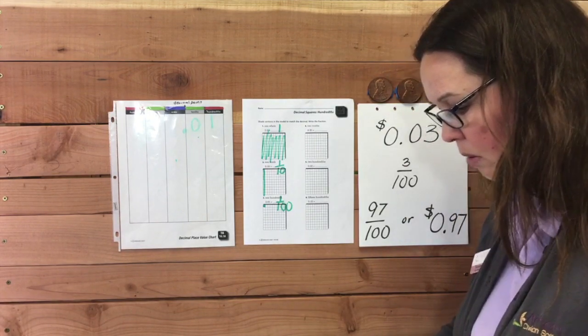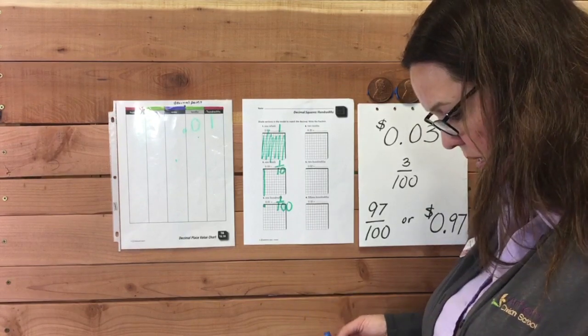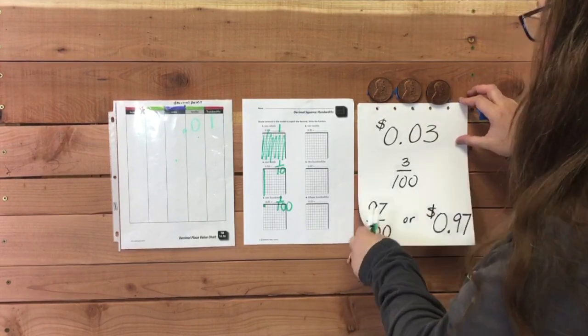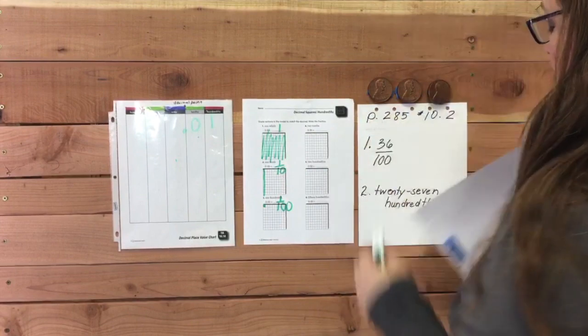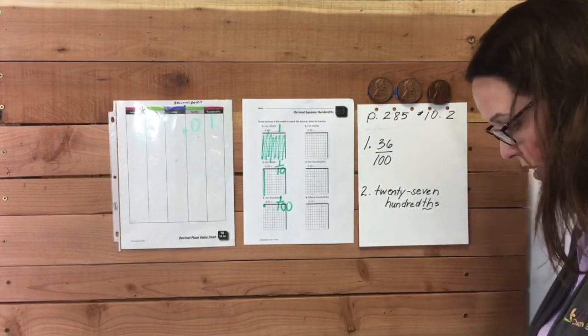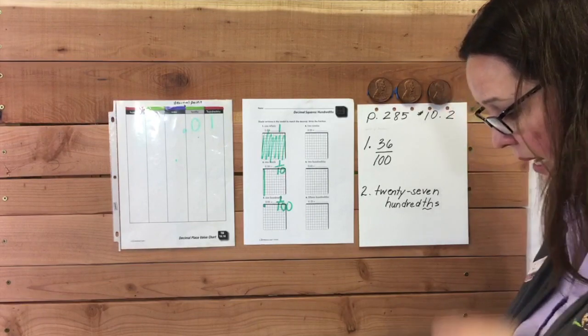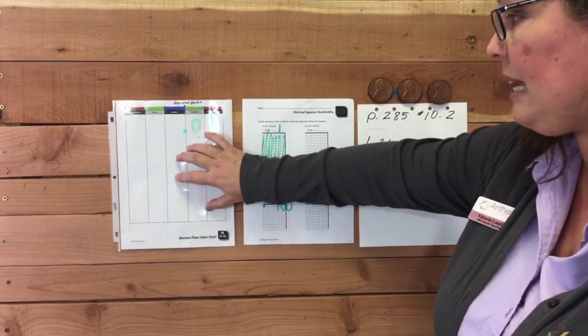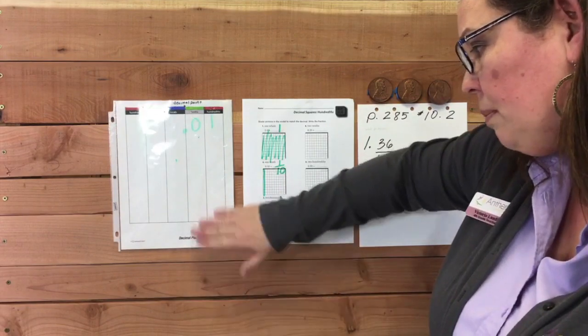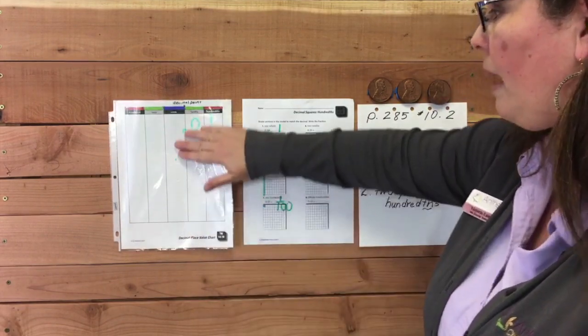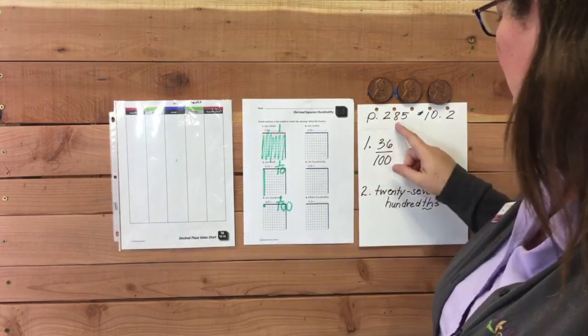As we continue on in the book, I wanted to show some things that you could do in your lesson on page 285. You are going to write the letter of the correct decimal. What I would do is get out your place value chart, and you can write in some of these problems to help you decide.